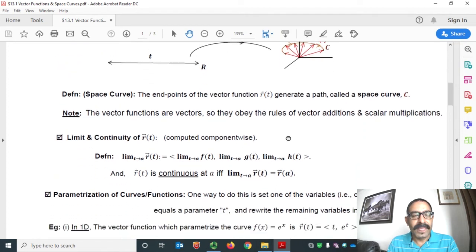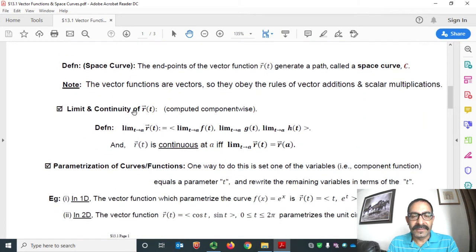Next, limit and continuity of vector functions. We compute limits component-wise, as well as continuity component-wise. So the definitions: the limit of vector function r(t) as t approaches a is defined component-wise. So the limit of the first component, the limit of the second component, the limit of the third component.